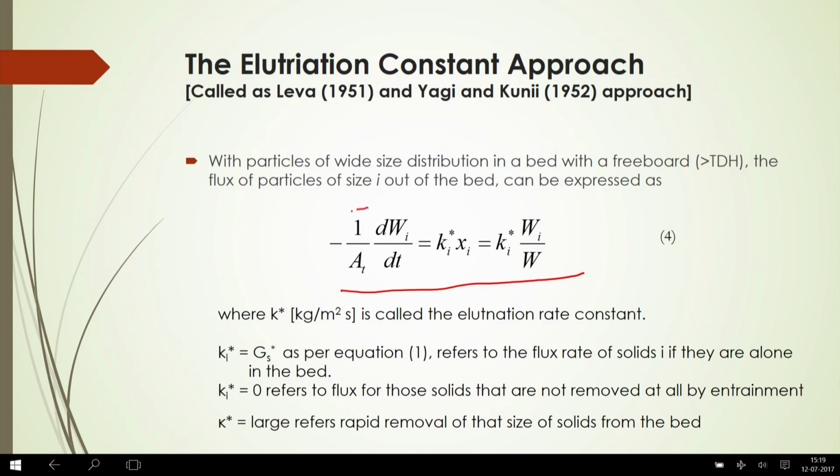See here, 1 by A, where A is the cross sectional area of the bed, and here dW_i is the mass of solids of size i which is changing with respect to time, that is the rate of elutriation, that will be equal to k_i star into x_i, or equal to k_i star into W_i by W here. This x_i is the mass fraction.